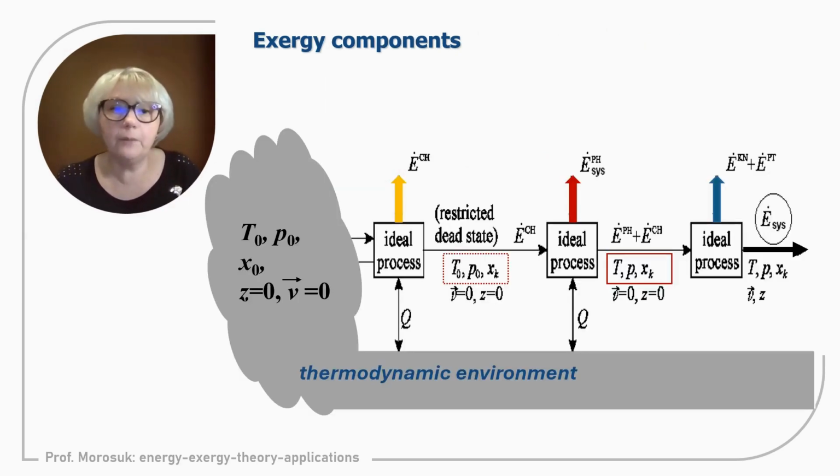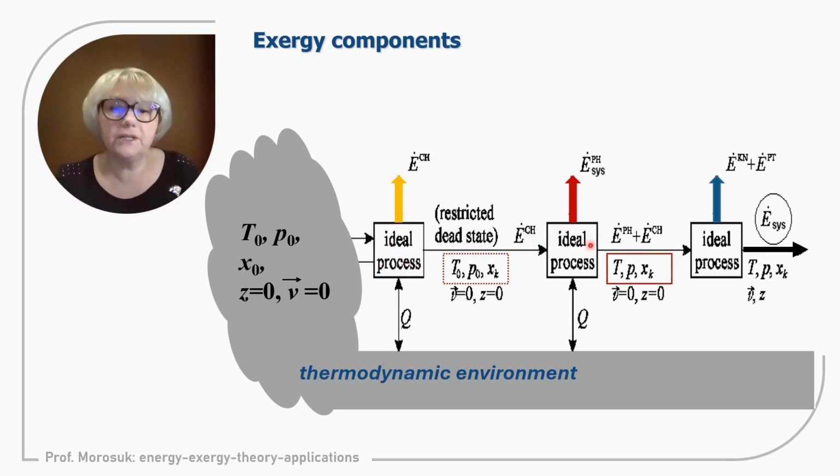And this is a very popular figure to discuss the components of exergy. So we have the thermodynamic environment in gray color, and let us assume that we need to calculate the exergy of the system. First, it is exergy associated with kinetic and potential energy. After that, we will calculate the term called physical exergy, and last we will calculate the term called chemical exergy.